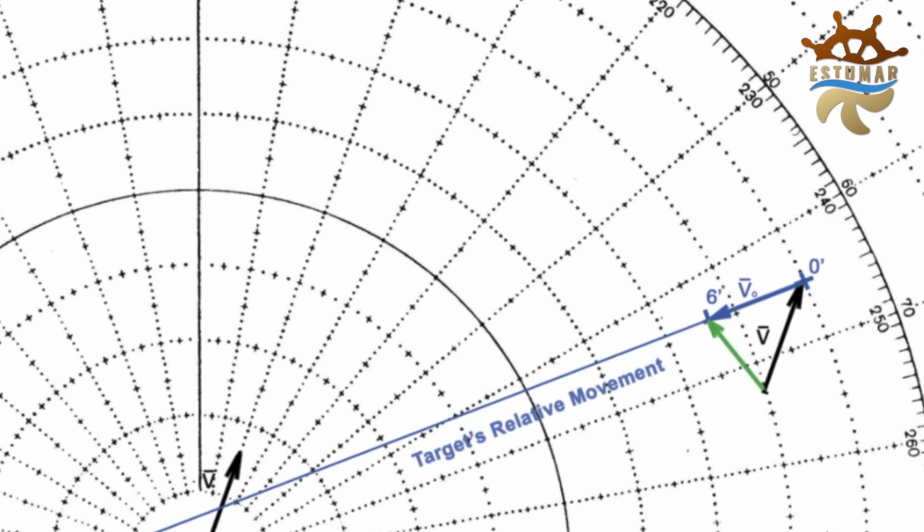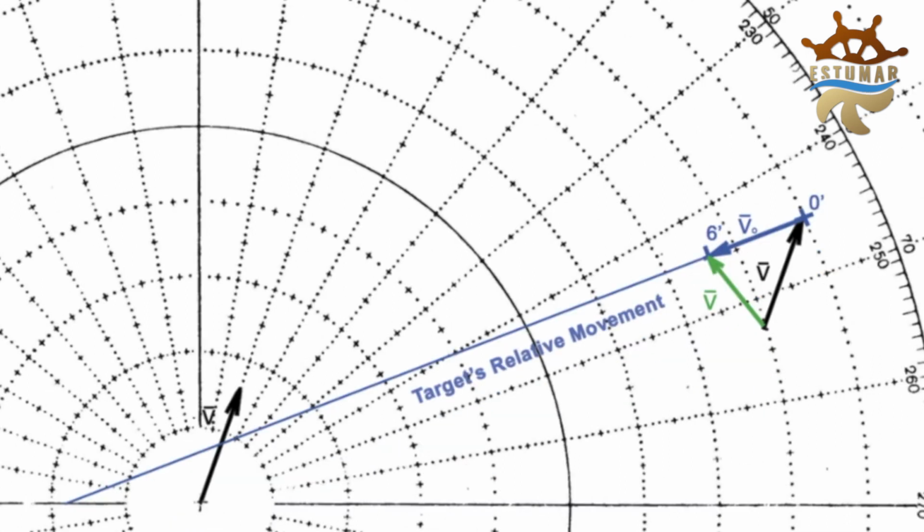And then, if we connect the beginning of the vector of our own vessel with the 6th minute, we will have a true vector, or vector of real motion of the target. So where this vessel moves, the direction and the speed also.